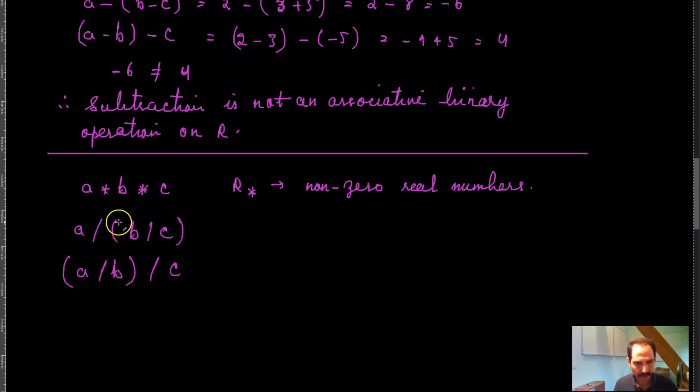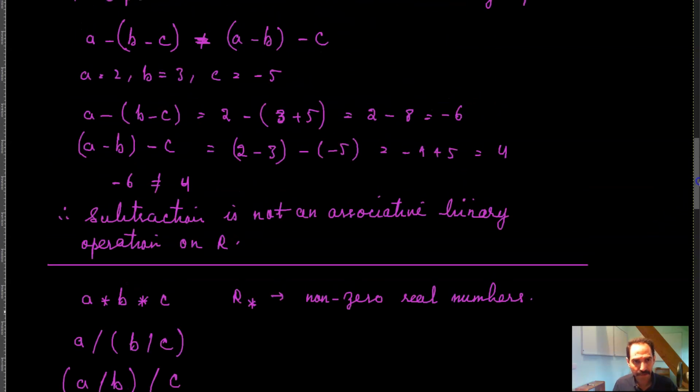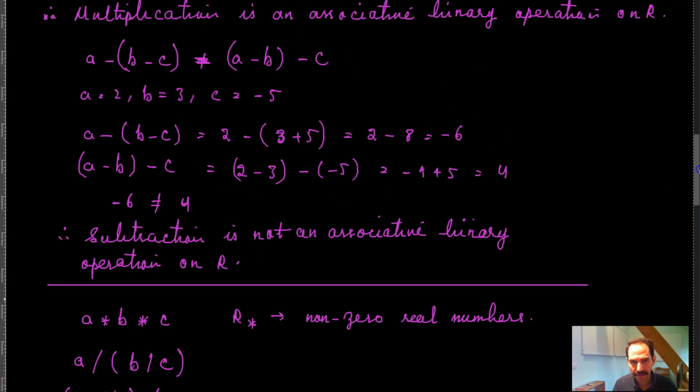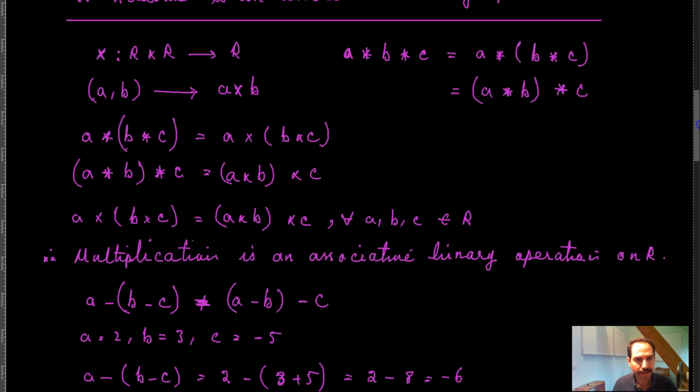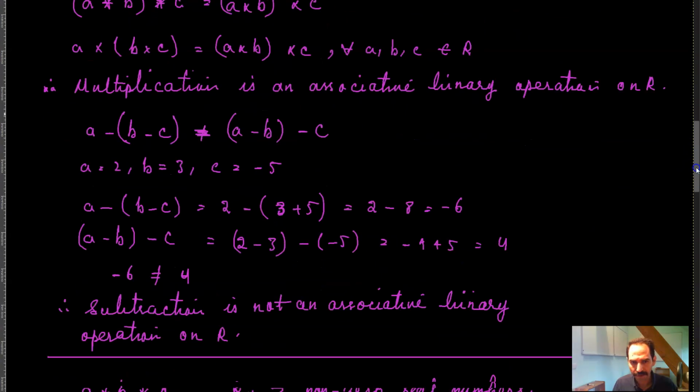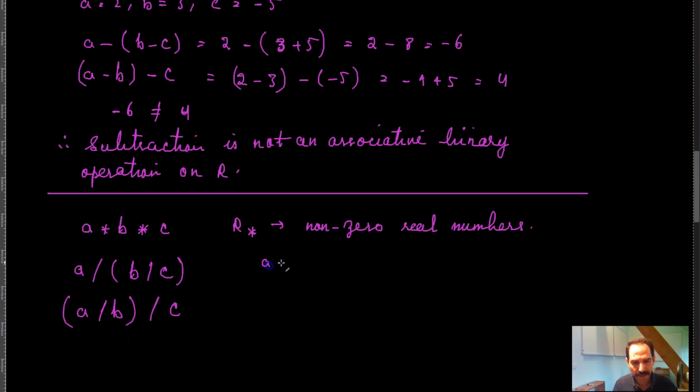Now the division, when you do the division this way, so first, for example, let's take A, B, and C as the same numbers that we had here. 2, 3, and negative 5. Let's take A as 2, let's take B as 3, and C as negative 5.